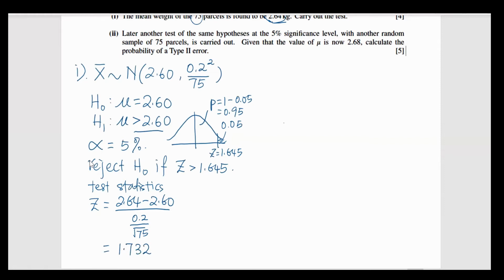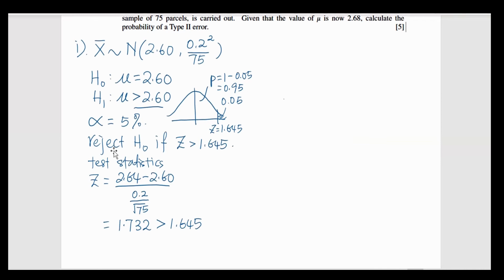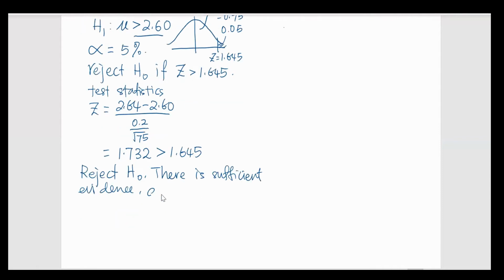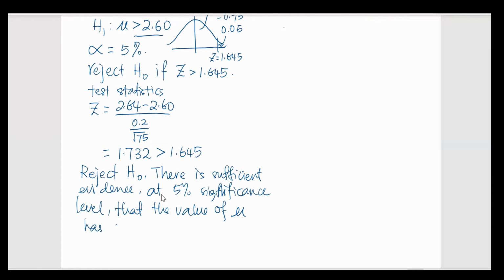So as we can see, this value is greater than 1.645, and this is where we are going to make the decision by rejecting H0 and come to the conclusion that there is sufficient evidence at the 5% significance level that the value of mu has increased.